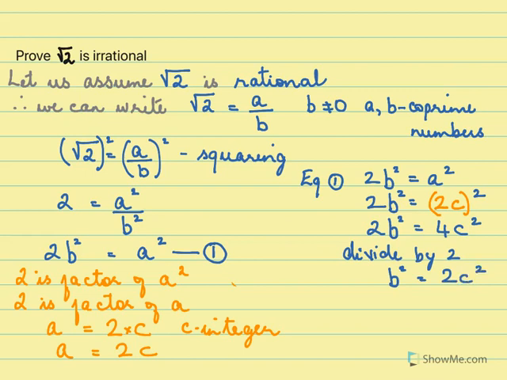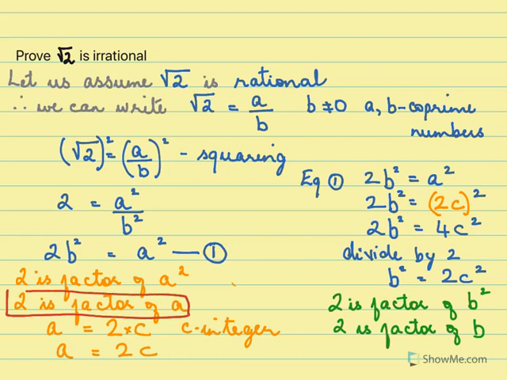Now again here I can say that 2 is a factor of b square, so 2 is also a factor of b. Now look at the statements very carefully. 2 is a factor of a and 2 is a factor of b.